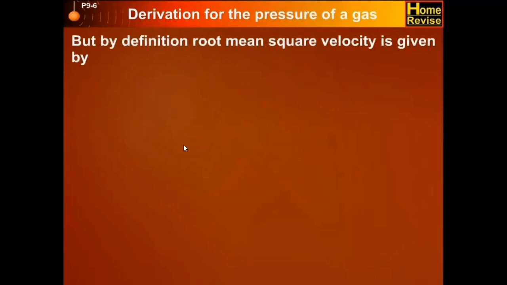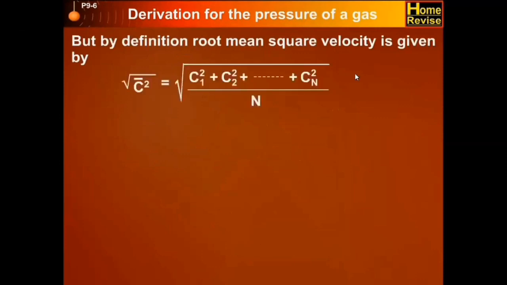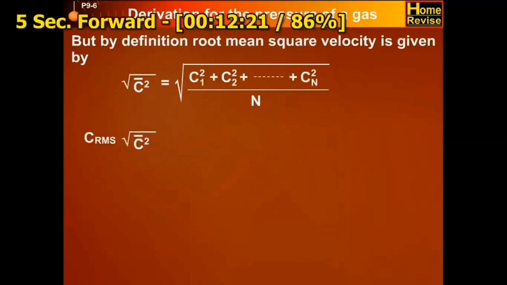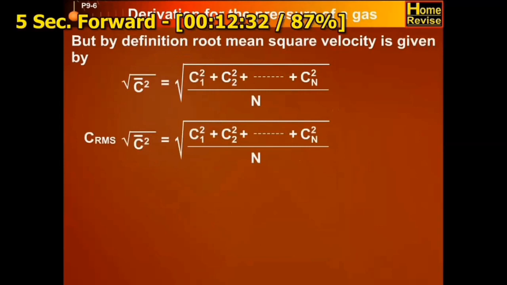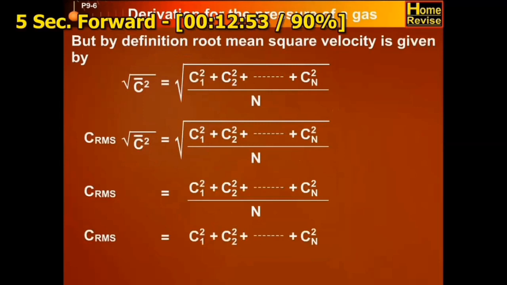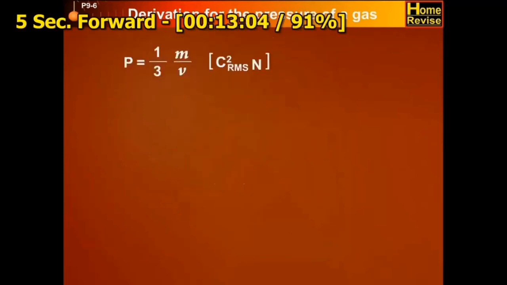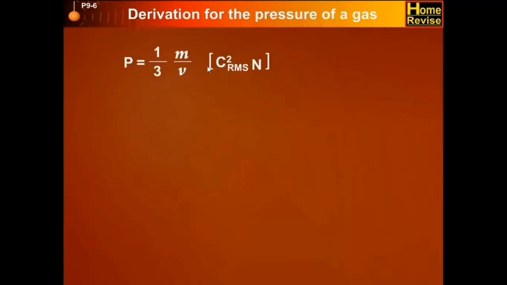And the definition of root mean square velocity we can see here, and now we put this value in the main equation, the P equation, and we get that P is equal to 1 by 3 m by V, c squared into n. So we get the final equation 1 by 3 m n c squared by V.